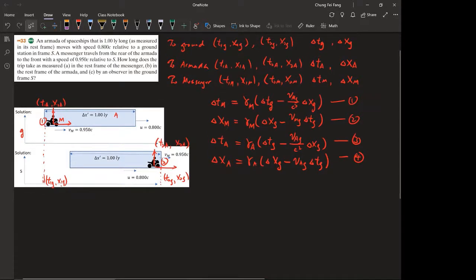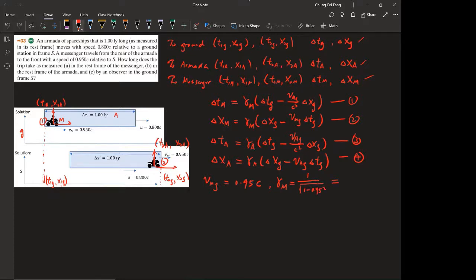So now we have four equations. However, as we just listed, we have six parameters here. So we should find out what information we have. From the question, we already know V_MG is 0.95 times the speed of light. So the corresponding gamma factor, gamma M, is 1 over the square root of 1 minus 0.95 squared.